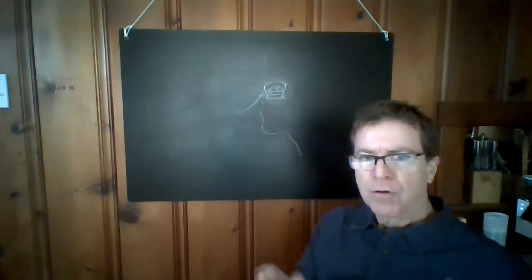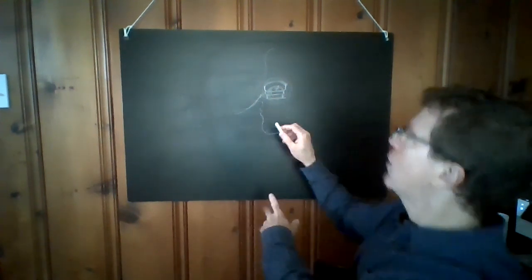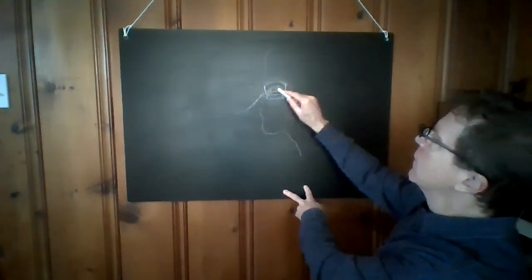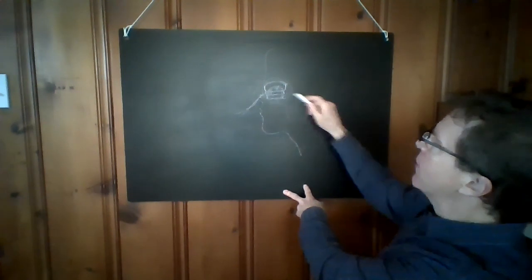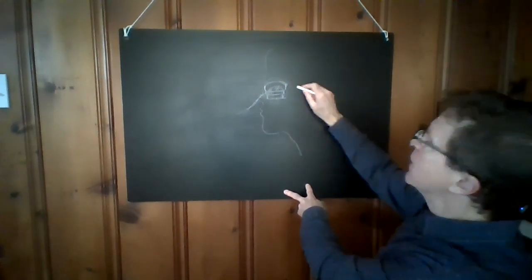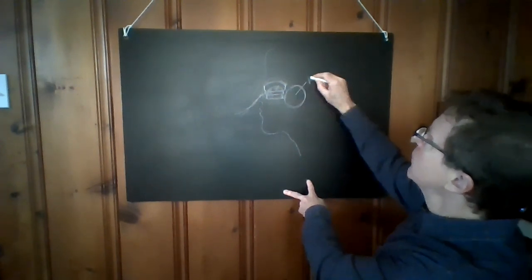The pharynx, or the throat, has three sections. I'll outline that on the board here. Air comes in, swirls around in the nasal cavity, and then posterior to the nasal cavity back here is an area called the nasopharynx.